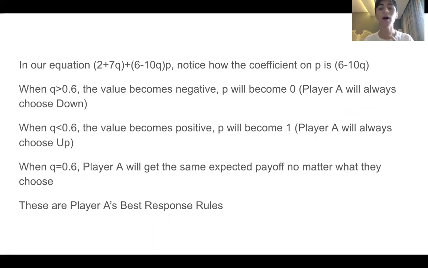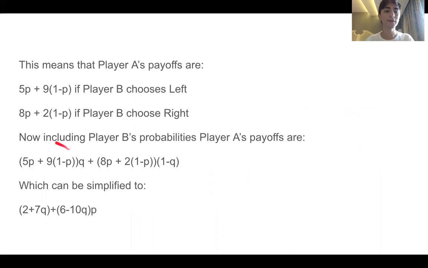Okay. All right, so you don't understand where the 0.6 came from. That's good. That's something very concrete and something I can explain. This is the nice long equation where it is clear where everything comes from. When you simplify it by splitting up the numbers where p is a constant and where p is not, you get this equation. When q is 0.6, 6 minus 10 times 0.6 is 0, right?